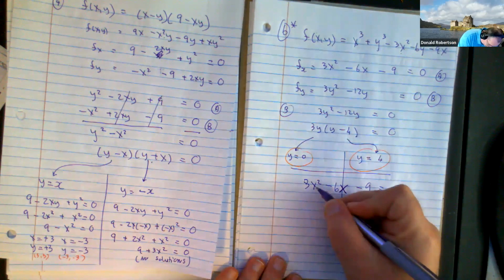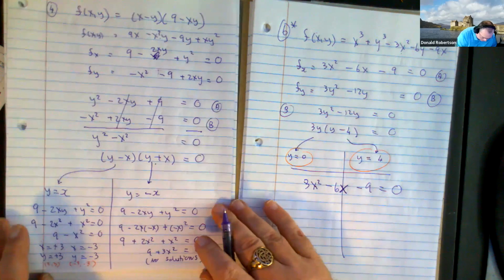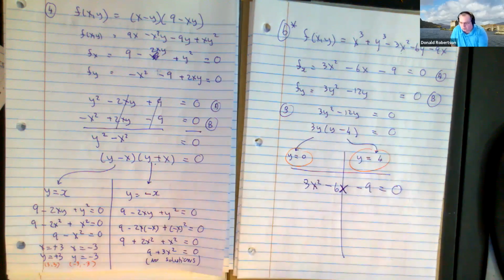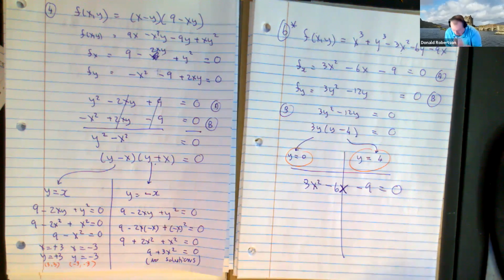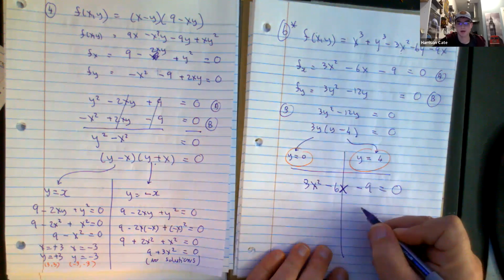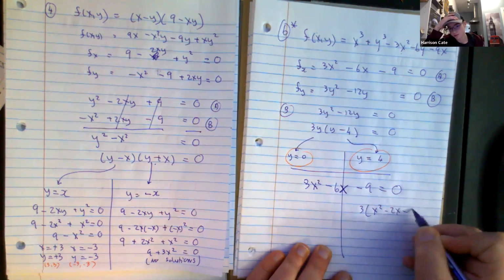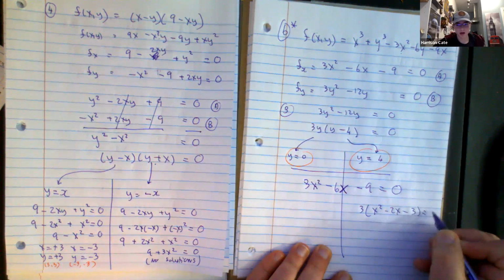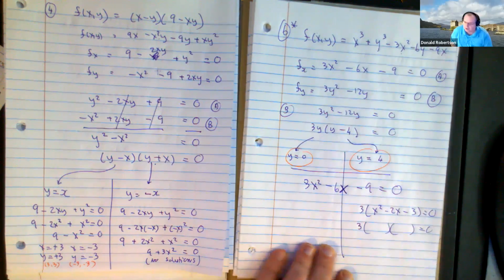I have 3x squared minus 6x minus 9 equals 0. Give me a place to go. Algebraically, what would be a good idea to solve this one? Always be on the lookout to make your life easy. I'd start by taking a 3 out of the equation. Would you agree that that quadratic is a lot easier to solve than the one we had a minute ago?